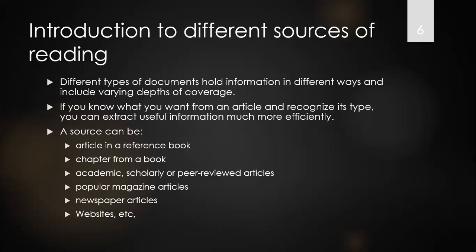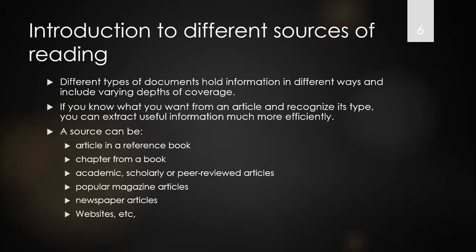Before reading, you have to identify what you actually want, or rather identify your requirement. And then finding articles, books, or reading materials accordingly will help you extract useful information efficiently.